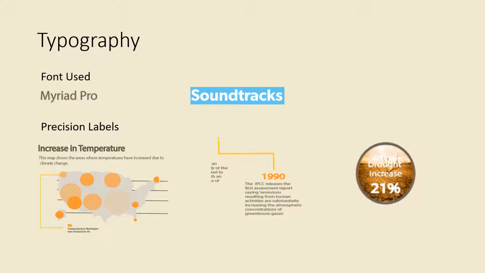In terms of labels, I used precision labels on the location display, as you can see, and then on the time display and also the numbers display. I tried to format them similar to how they were formatted in the visual language model.